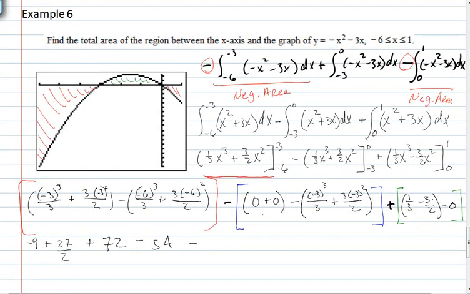Minus, because I've got to distribute the negative, 0. And a negative there is going to make that plus a negative 9.